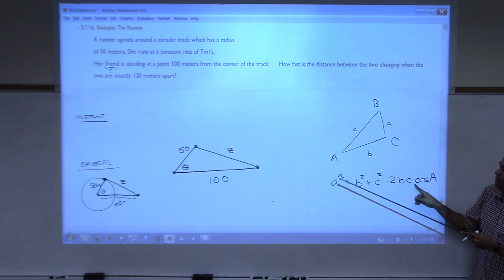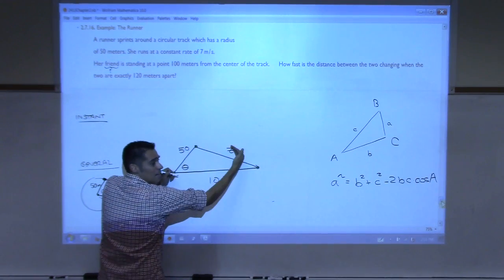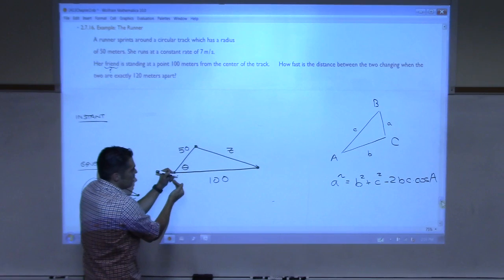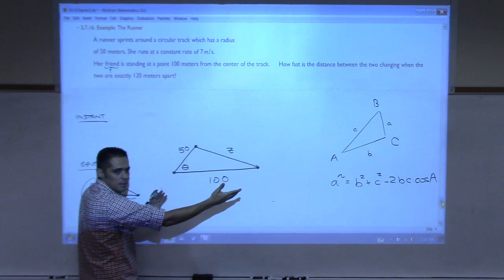Which means that if you're trying to find that side of the triangle, if I know this side and this angle, I can use that formula.